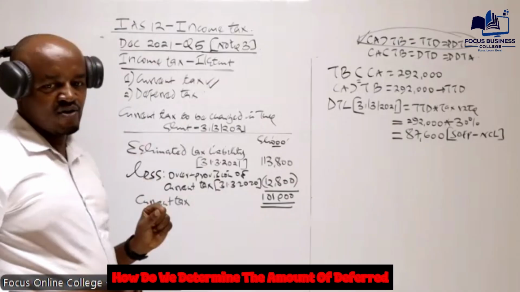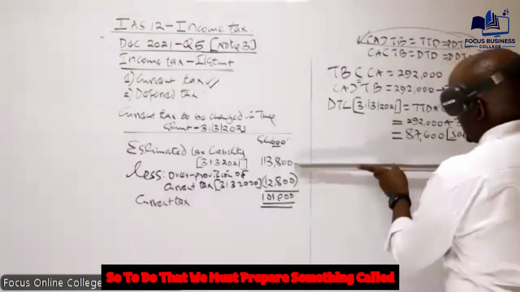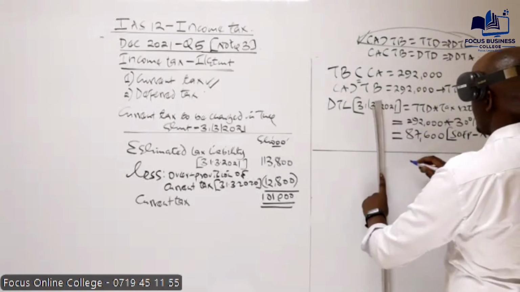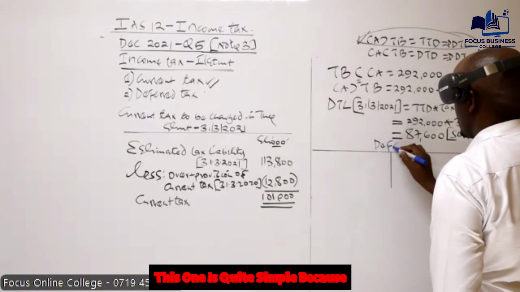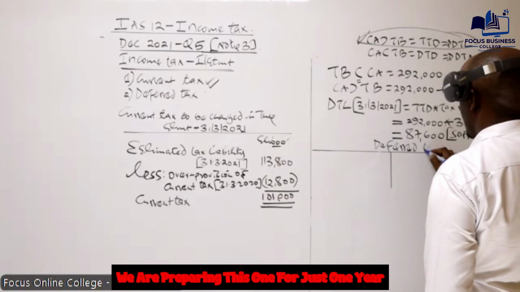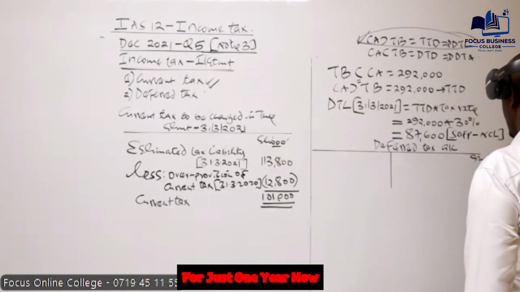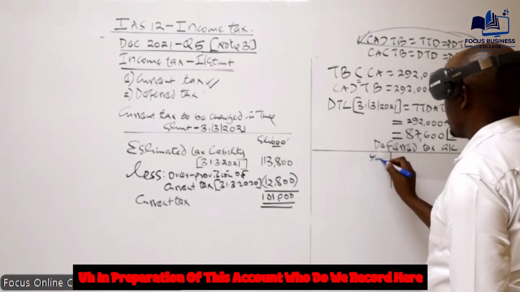To do that, we must prepare something called a deferred tax account. In this case it is quite simple because we are preparing it for just 1 year.